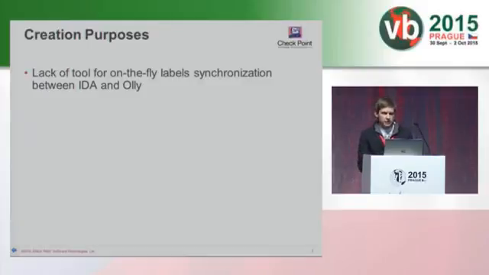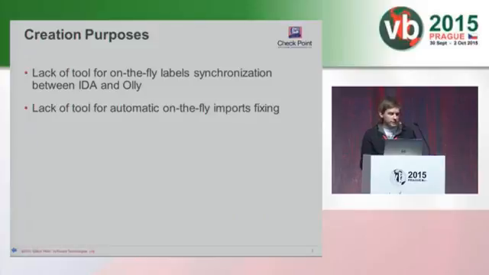Here are the problems that we've been facing in our day-to-day work. The first problem is that we cannot synchronize labels on the fly between IDA and Olly. The second problem is that we were using an inconvenient and manual way, basically an import reconstructor tool, to fix imports in our dumps.